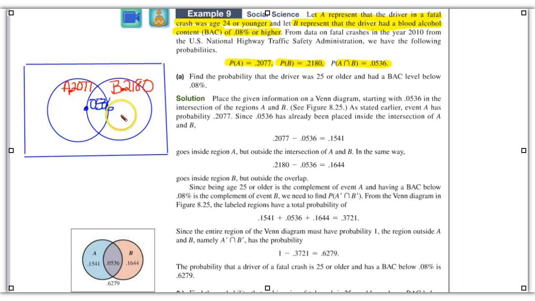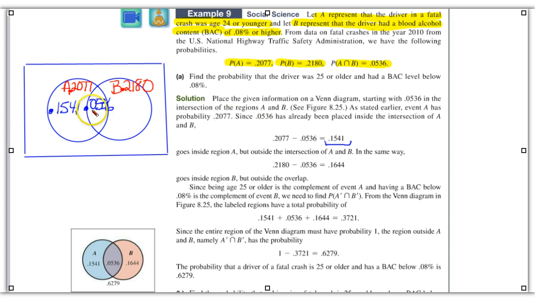Now, from a previous lesson, we know how to take this and find out which are just the A part and not intersecting with the B part. So we're going to subtract this from that, and that's going to give us this figure right here, 0.1541.